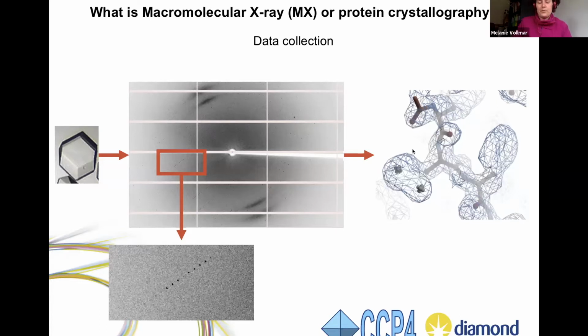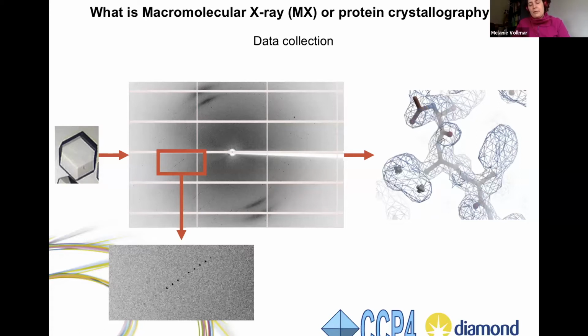But because of the way we do the experiment, we have no phase information. So from the diffracted beam, we only get the intensities, not the phases. And in order to get the phase information to create the chicken wire, which is the electron cloud around the atoms, we have two methods: either experimental phasing or molecular replacement.